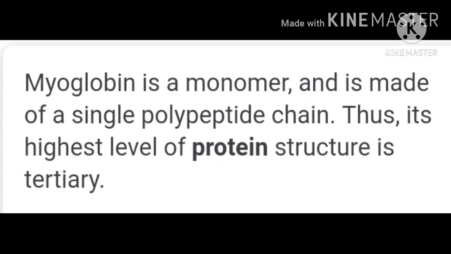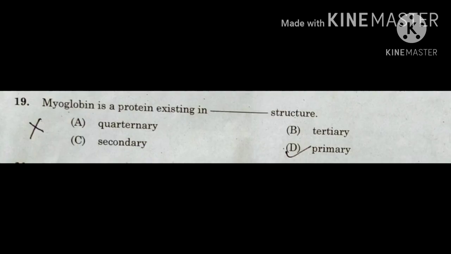Hence, myoglobin is a monomer made up of a single polypeptide chain, and its highest level of protein structure is tertiary. So the structural organization of myoglobin is tertiary structure. So the answer for this question is option D, primary. Remember, myoglobin is a protein made up of a single polypeptide chain and has tertiary structure.